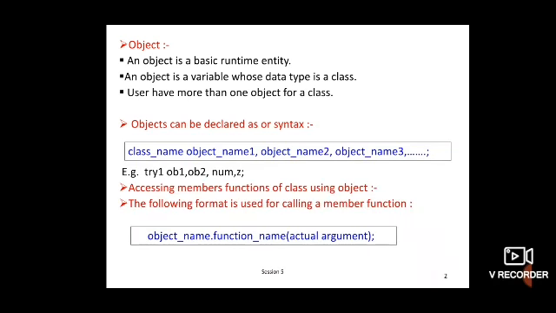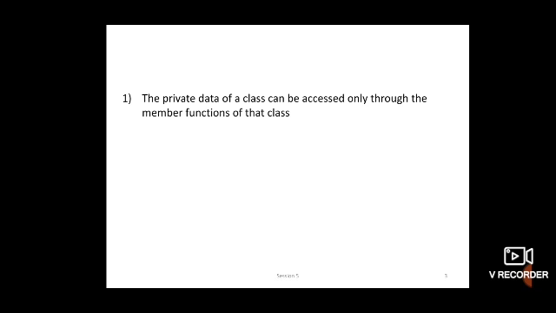If an argument is passed, then write the actual argument in brackets, otherwise not. Suppose more than one function is declared in one class, then write a second line: object name, dot, another function name. Like this.